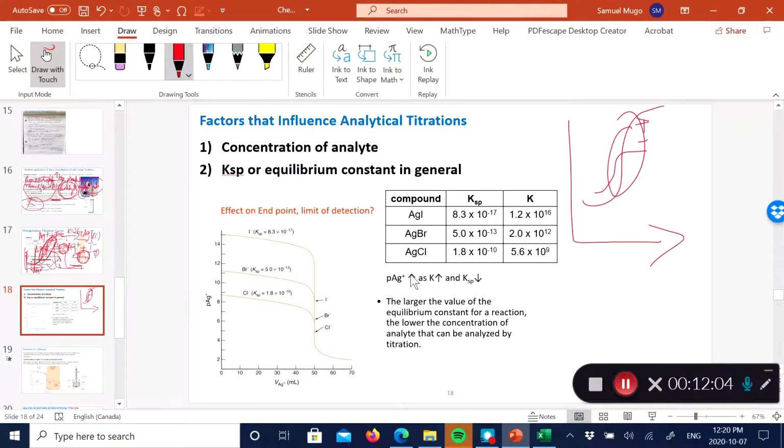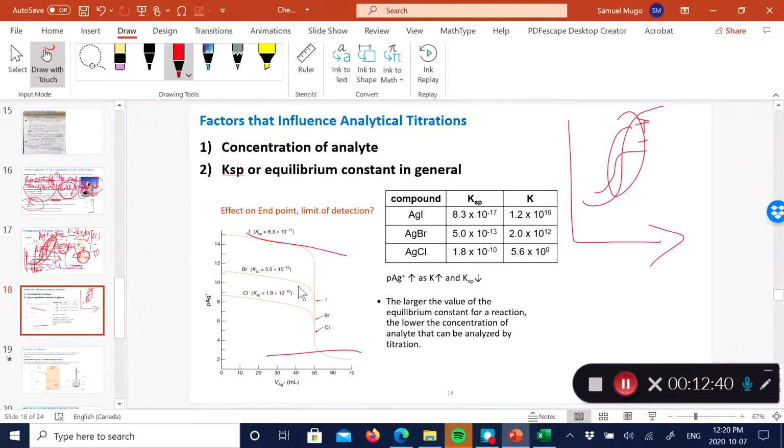So you can do a titration using silver, where you take silver, add it to the iodide, and that precipitates. You take silver, add it to bromide in the same solution, and the bromide precipitates due to the formation of that salt, and so on. And because the KSPs are radically different, you're going to see that the end point is much better, or much steeper, for the iodide, because the equilibrium constant is very, very large.